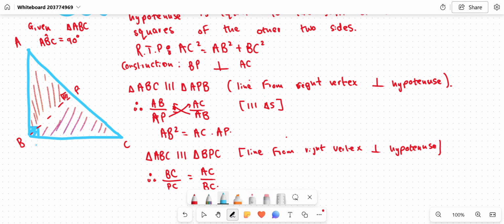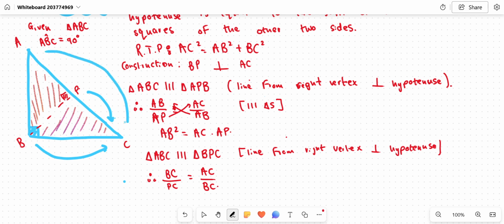I'm saying that this distance here divided by the distance there for the smaller triangle is going to be the same as the distance of AC divided by the distance of BC, this distance there. I hope you're seeing it for each of those triangles.